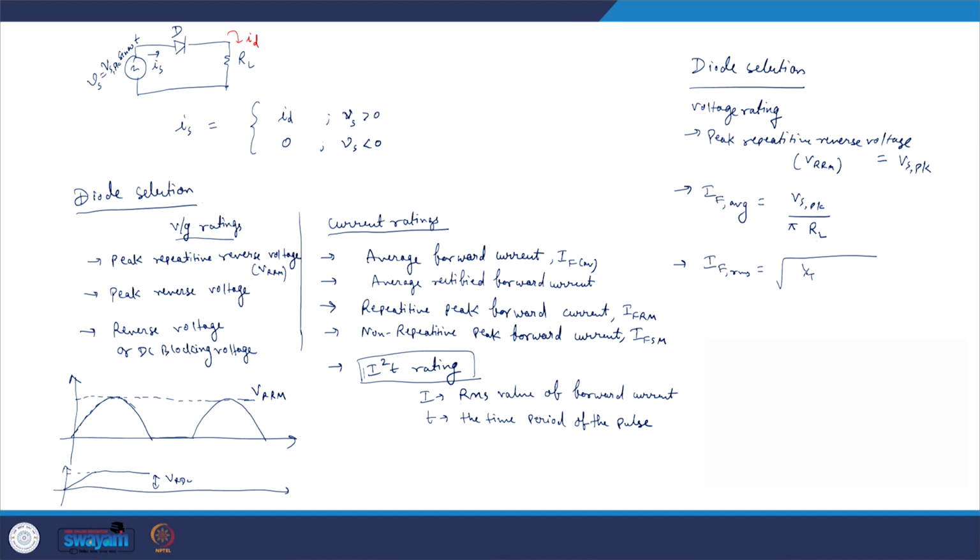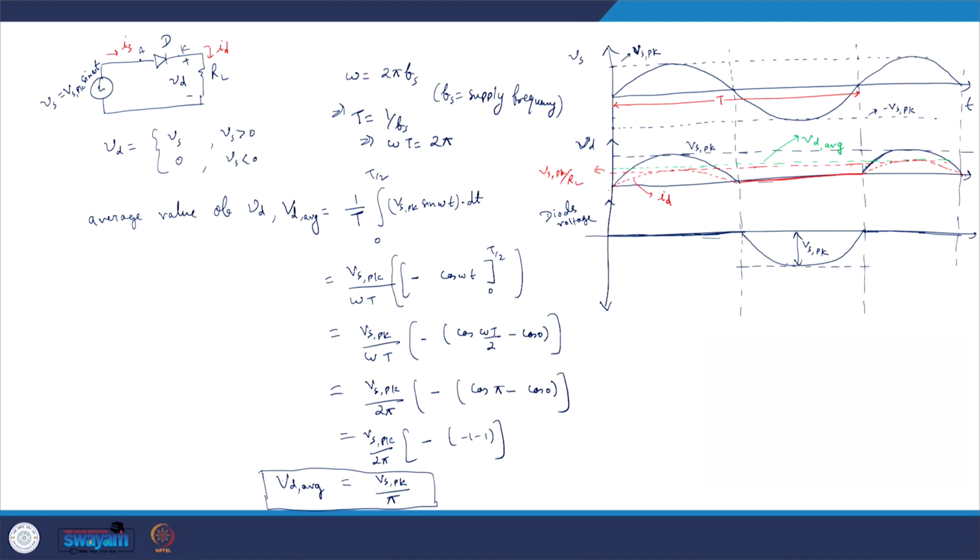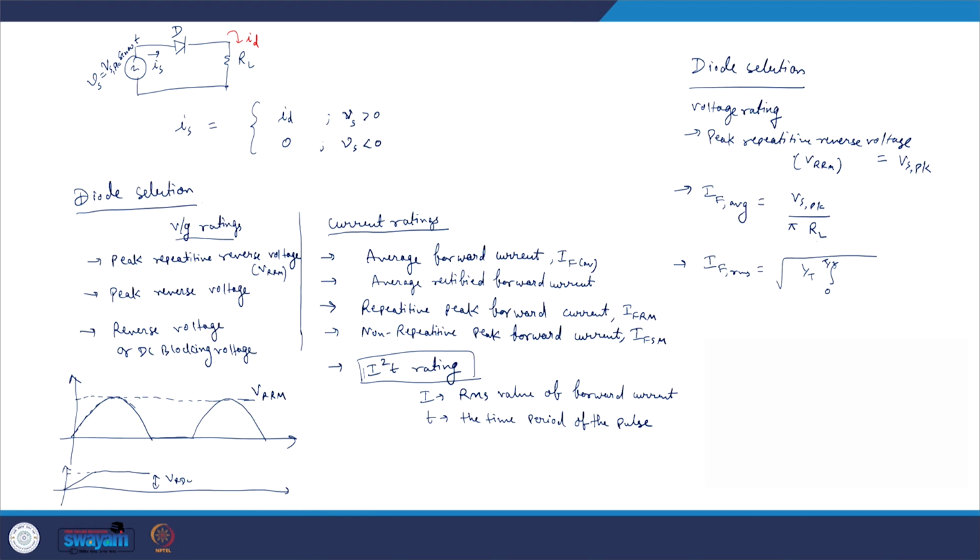That is why we are taking the mean for the entire fundamental cycle, or the entire line cycle, and it is going from 0 to T by 2, because in the positive cycle only there is a current, while in the negative cycle there is no current. You can write Vs peak sin omega t divided by RL as the current, square it, and integrate under dt.